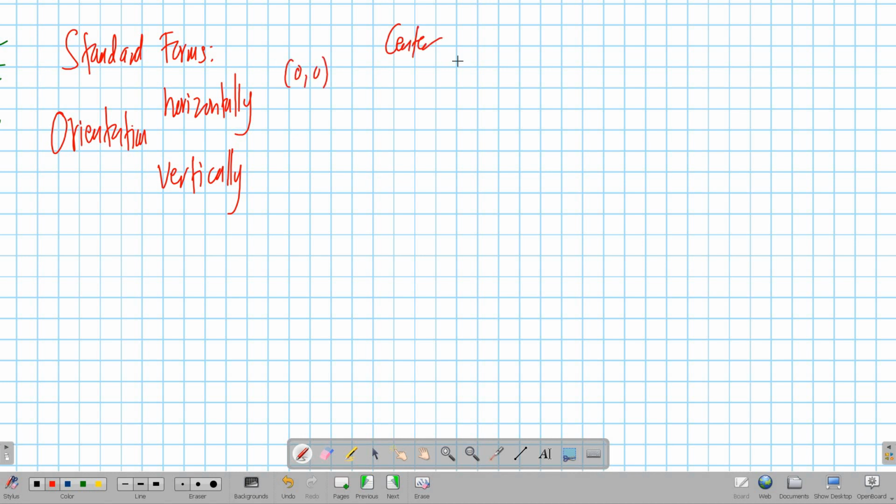Is it at 0, 0, or is it at h, k? What we were able to derive is the hyperbola opens horizontally with center at 0, 0, and that would be x squared over a squared minus y squared over b squared equals 1. If the center is not at 0, 0, it's at h, k, then we say that x minus h squared over a squared minus y minus k squared over b squared equals 1.